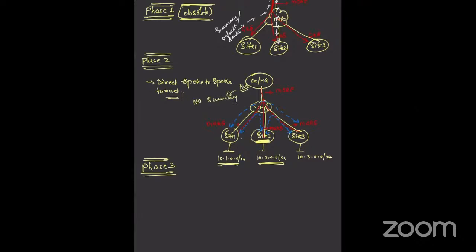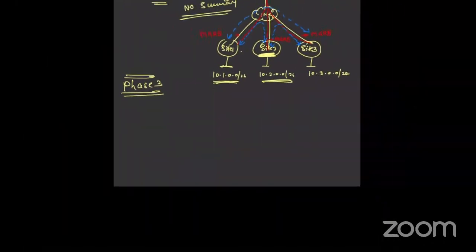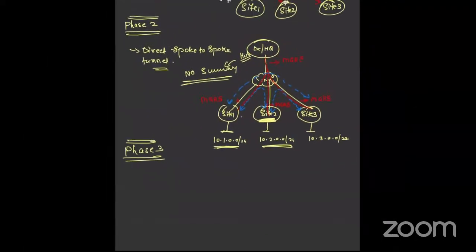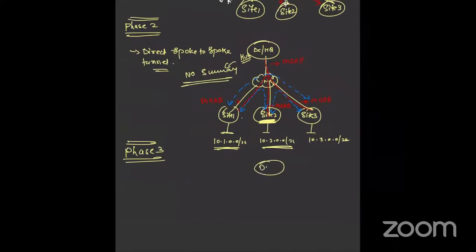Okay, so no summary, no default route. So what is going to happen here is, it is again the same as phase 2. All the things are going to be the same, except for only one difference.